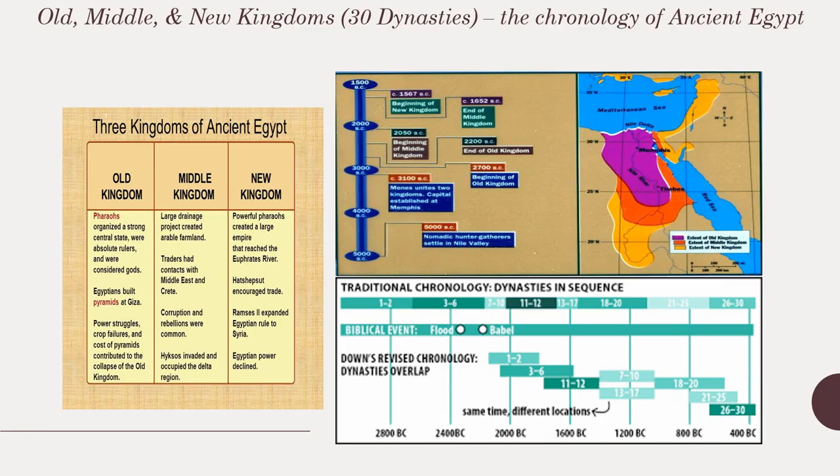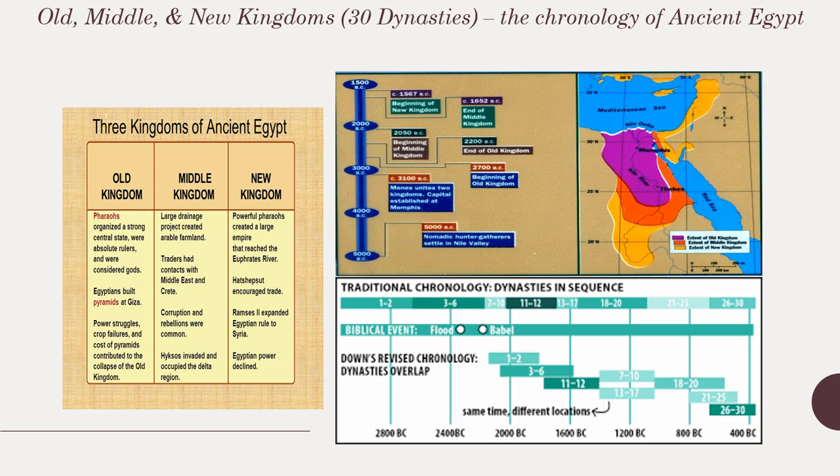So the Old, Middle, and New Kingdoms comprise 30 separate dynasties, and we're not going to get into the different dynasties. You can see a chronology of them in the lower right there, so you could look at them if you wanted to. It is one of the really complicating features of Egyptian history, but we don't need to get into that much detail in a broad sweep overview like this course.